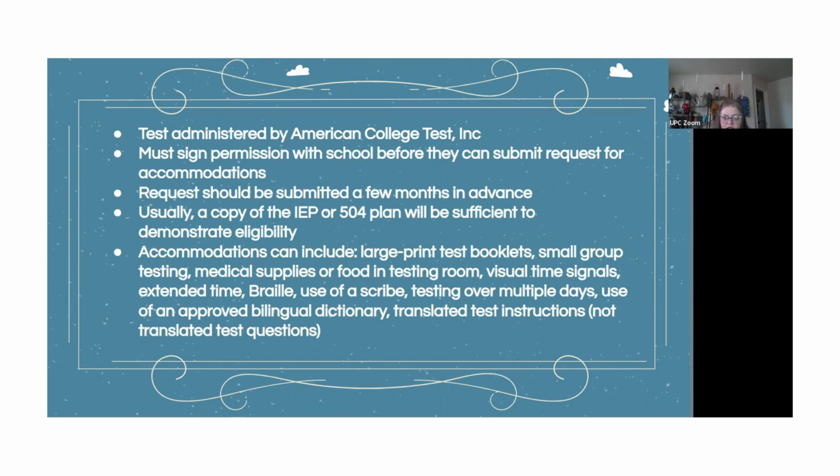So the instructions can also be translated into a different language, but not the questions. Again, those are just some ideas. They're not every accommodation that could be provided, but some of the things that may be.